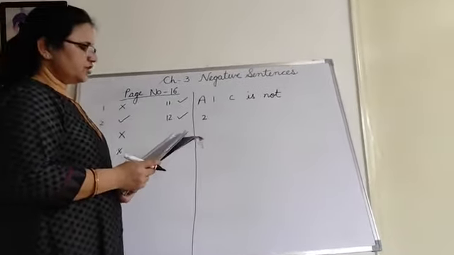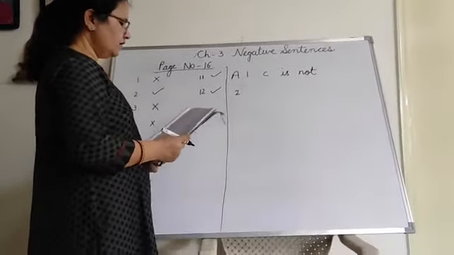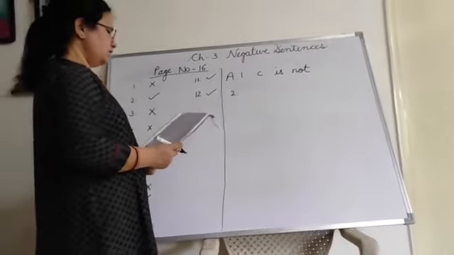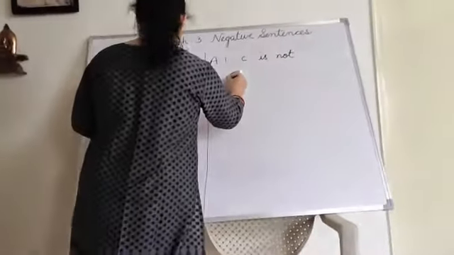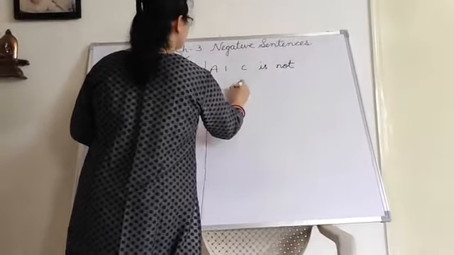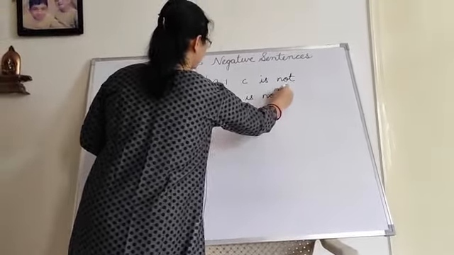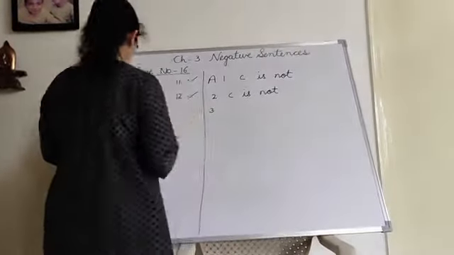Minash dash an Indian. What will come? Do not, does not, am not, is not. What will come? Is not. So it is also C option. Is not an Indian.